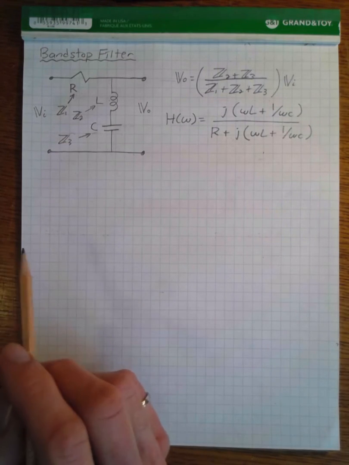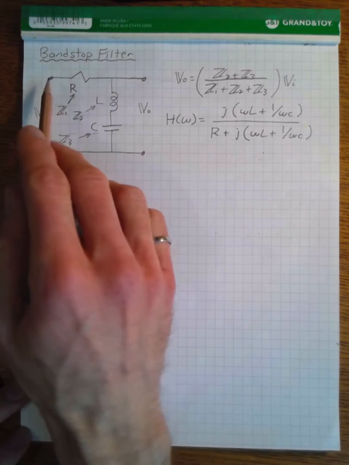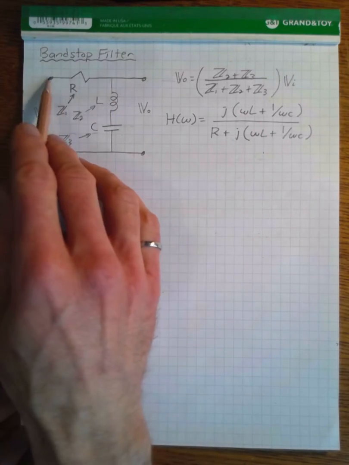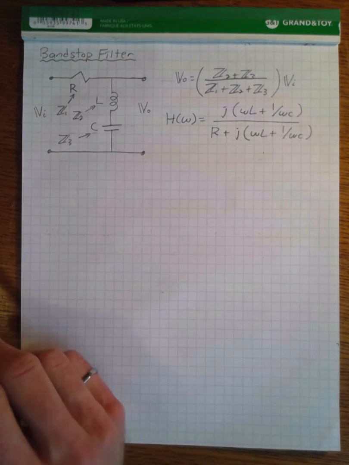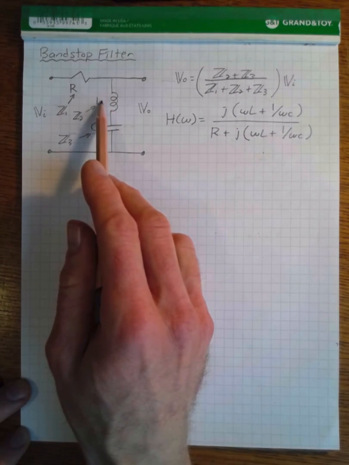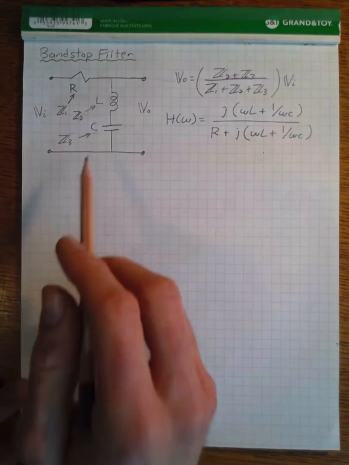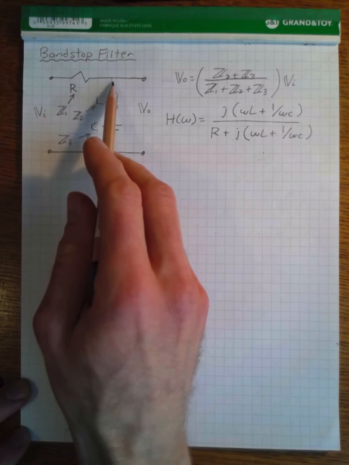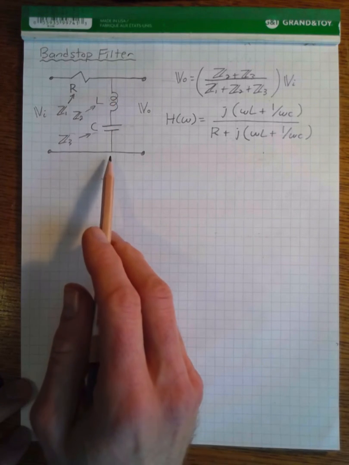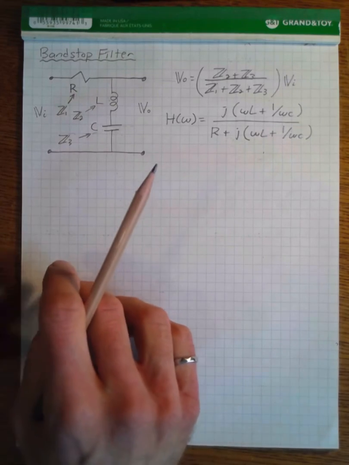At very high frequencies, the inductor is an open circuit, so again the signal can't flow to ground, so it flows through to the output unchanged. But at intermediate frequencies, both the inductor and the capacitor will conduct, forming a path to ground, and so the intermediate frequencies are shorted to ground and as a result do not pass to the output.